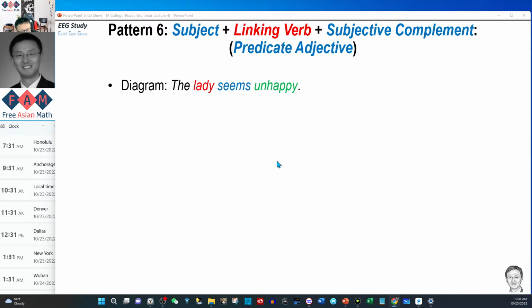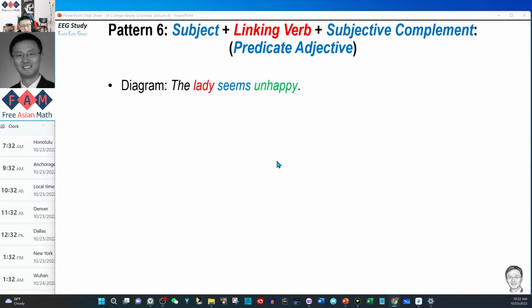Since the meaning is so close, logically, the structure must resemble pattern 1 a lot. That's actually the case. What is unhappy here? Unhappy is an adjective. But what is this adjective about?